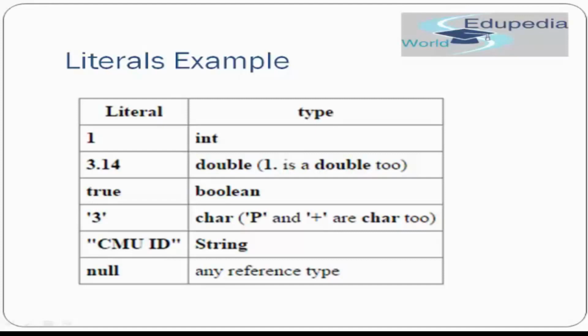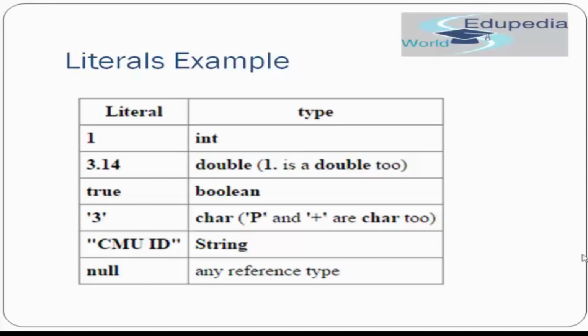Then string, in which we have written a string in double quotes. For example, CMUID. So it's written in double quotes. If it's double quotes, then it's a string. Then we have null. So null can be given to any reference type. So any object can have a value of null, or even a string can also have a value of null.